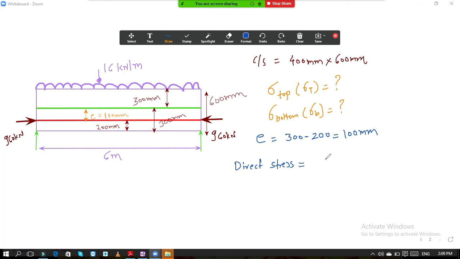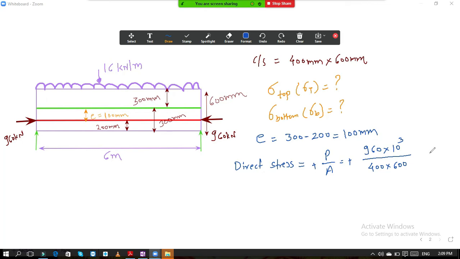So this is P by A, and this is always positive. So P is 960, the pre-stressing force. P means pre-stressing force. And 2 times 3 divided by 400 into 600.